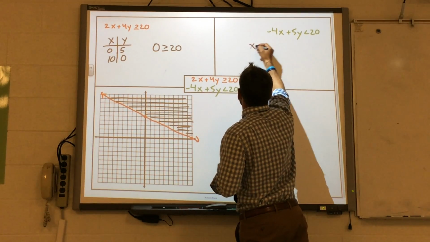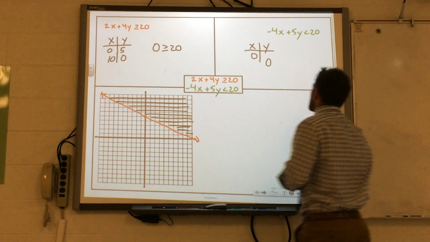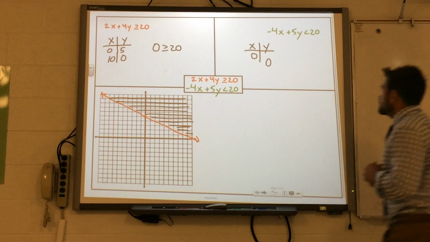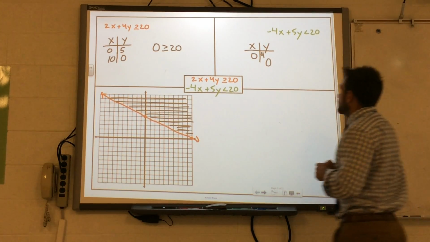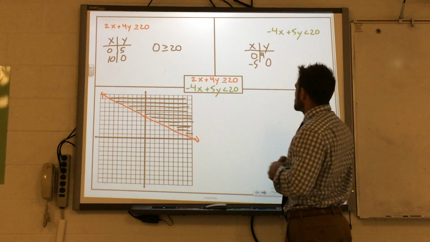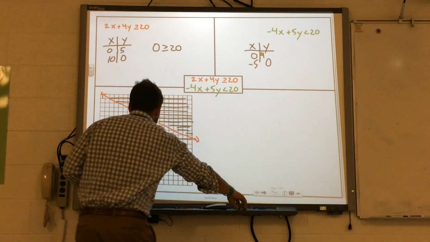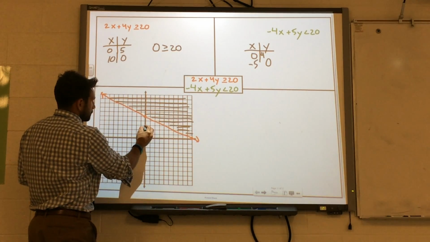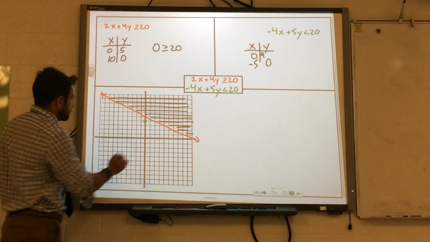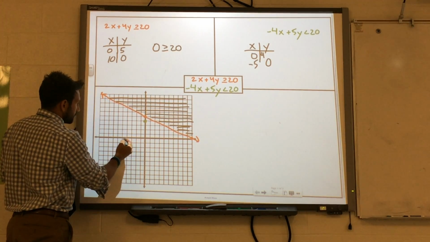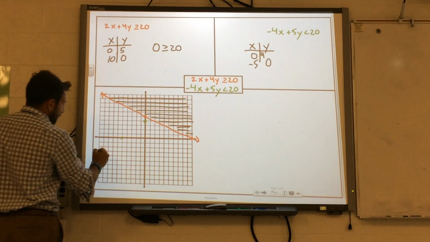Create our x, y table, 0, 0. 20 divided by 5 is 4. 20 divided by negative 4 is negative 5. Okay? So 0, 4 is our y-intercept, and negative 5, 0 is our x-intercept. Now we're going to connect it with a dotted line.